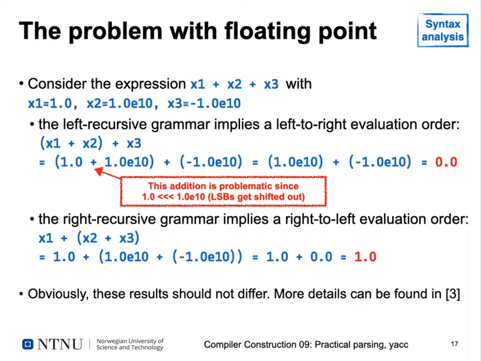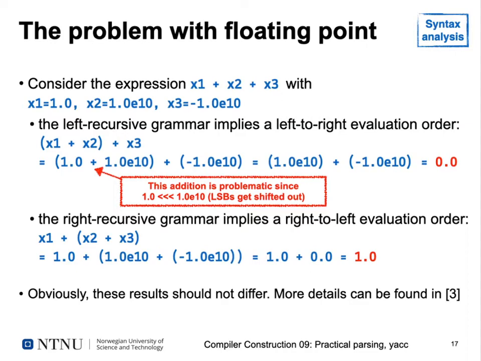Let's consider a real expression x1 plus x2 plus x3 with values x1 equals 1.0, x2 a pretty big number, and we've already seen scientific notation in the second theoretical exercise, so this would be 1 times 10 to the power of 10, and another number x3, which is minus 1 times 10 to the power of 10. So two very big numbers regarding the absolute value, one very large negative, one very large positive, and a simple 1 in one of the variables.